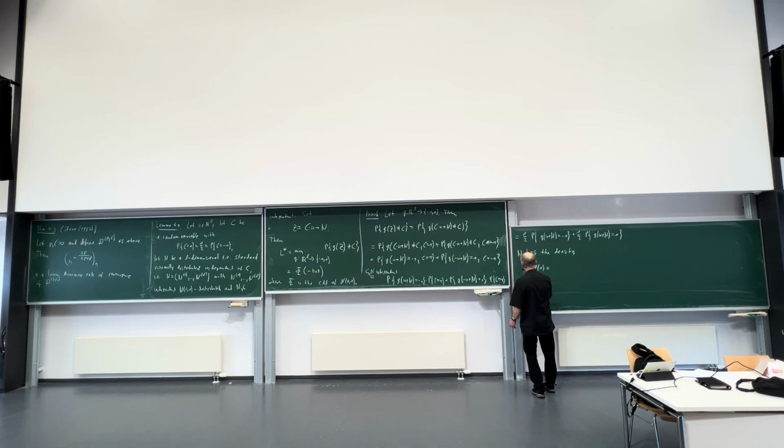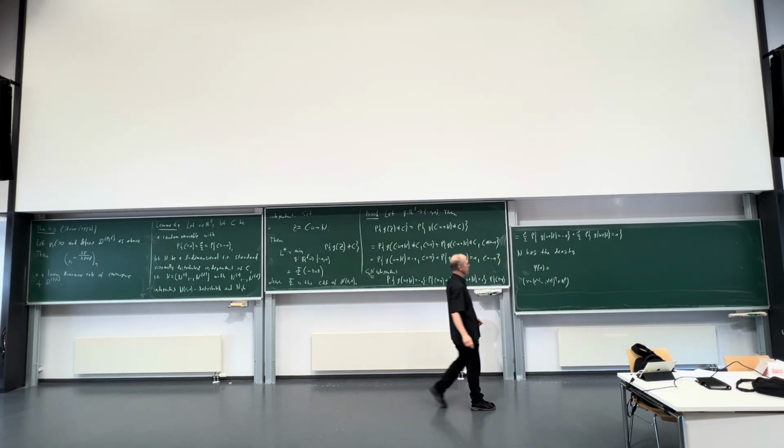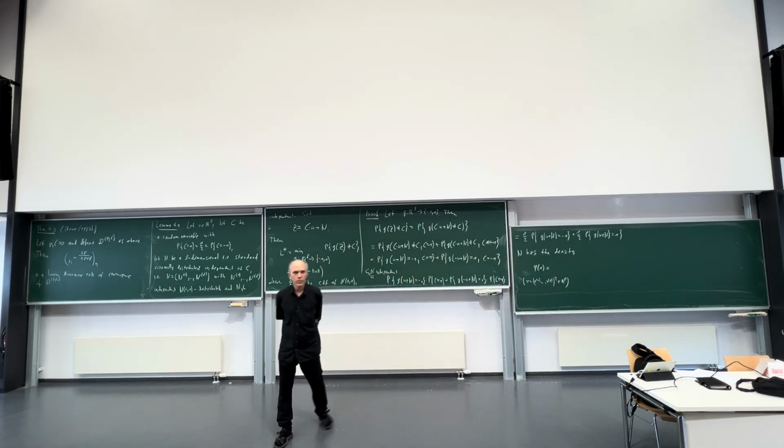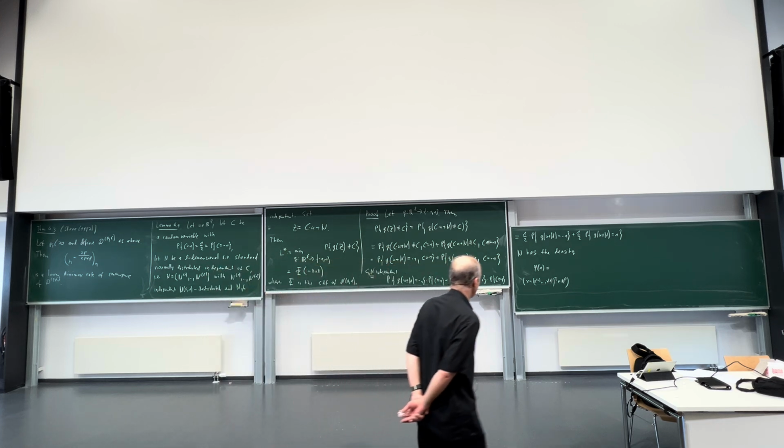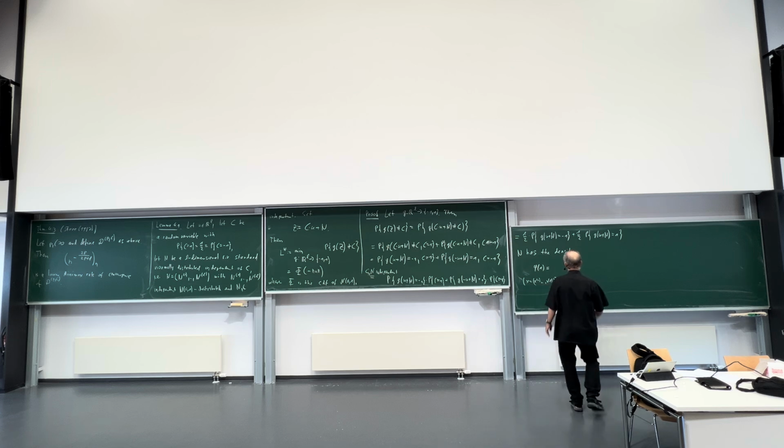So for x, now it's x1 to xL. We have this one here. It should be the product of the densities of n1 till nL, the product of the densities of the L components. So we have the product, maybe I call it i equal 1 to L.